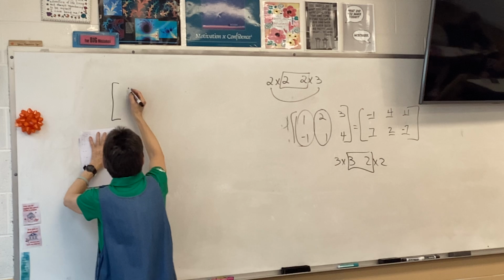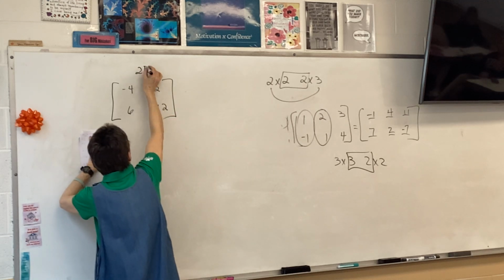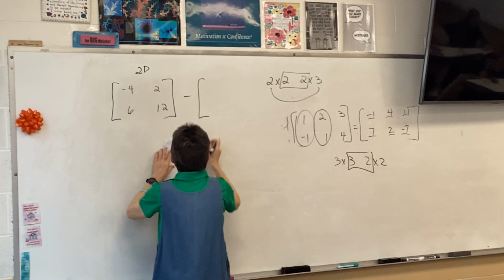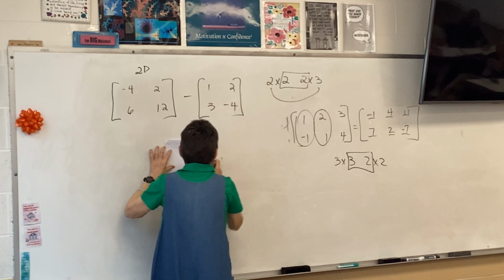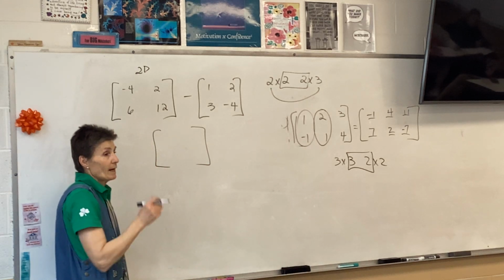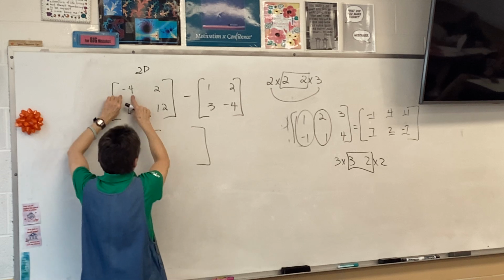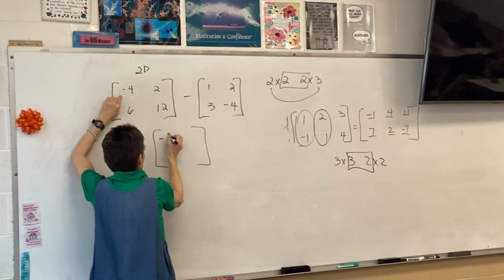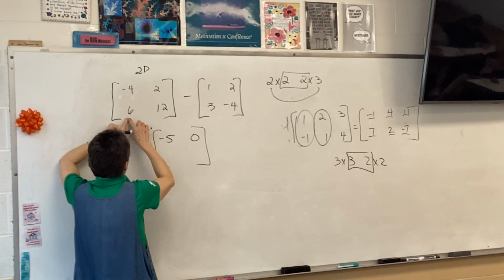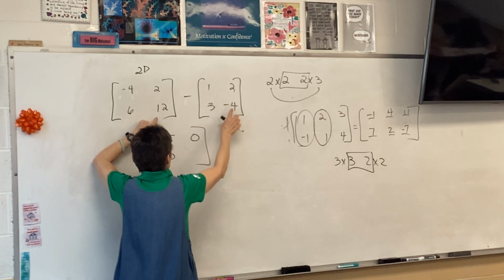So 2D would be -4, 2, 6, 12. 2 times D minus A. So we multiply 2 times D and subtract A. So here we go. -4 minus 1. 2 minus 2. 6 minus 3. 12 minus -4.